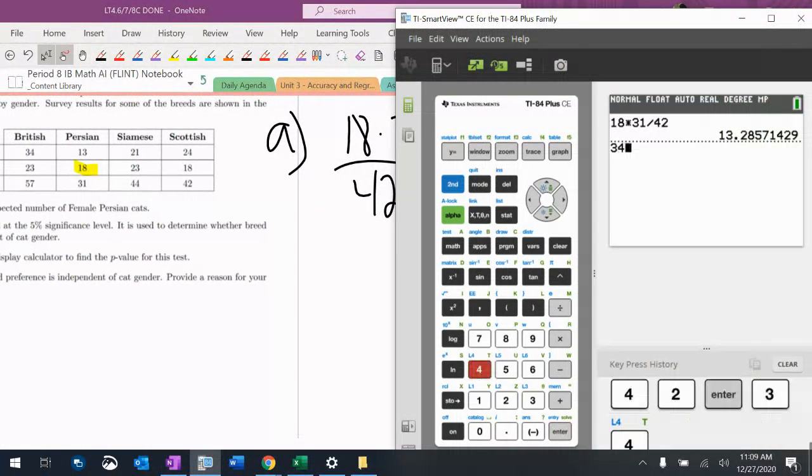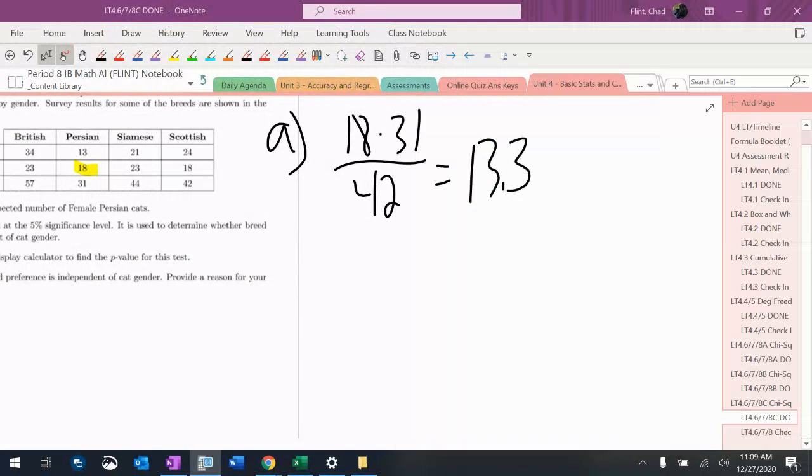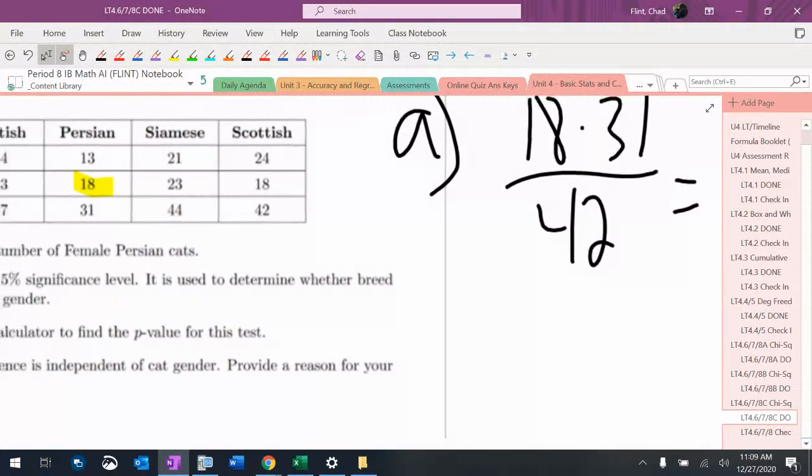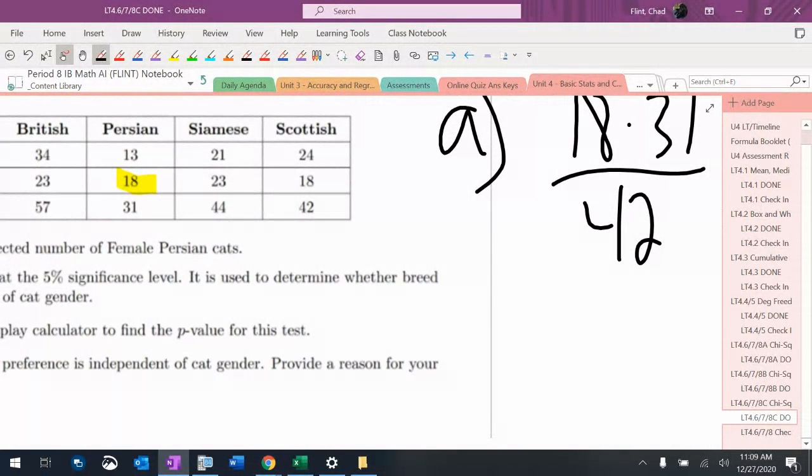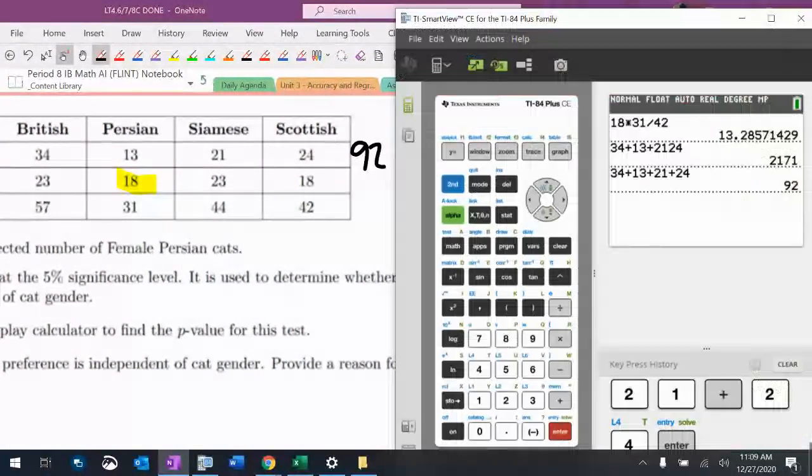So I have to add 34 plus 13 plus 21 plus 24. I did not type that in right. 34 plus 13 plus 21 plus 24. So that's 92.